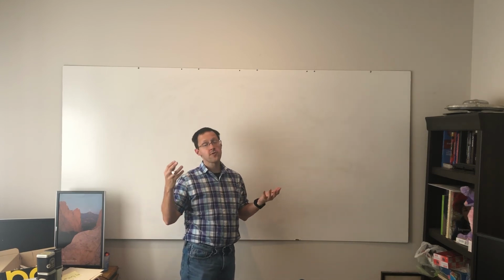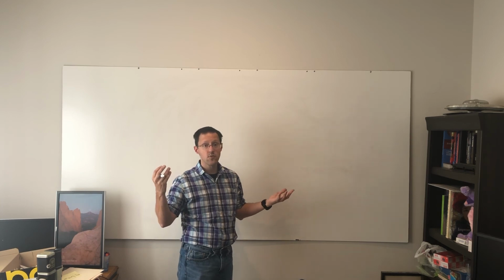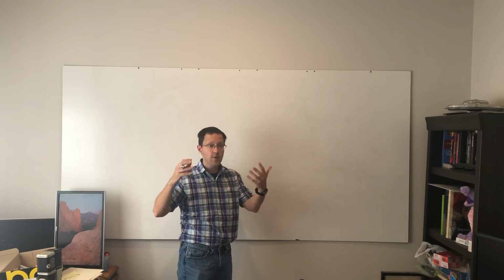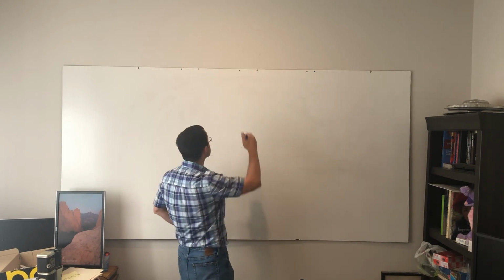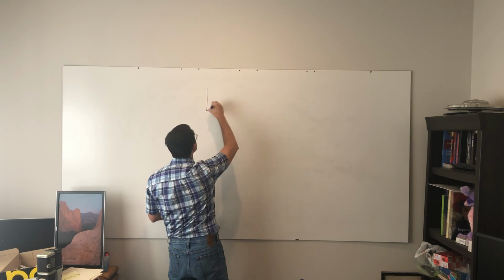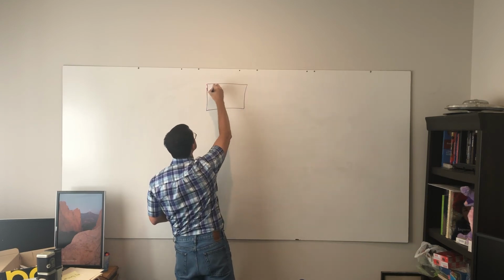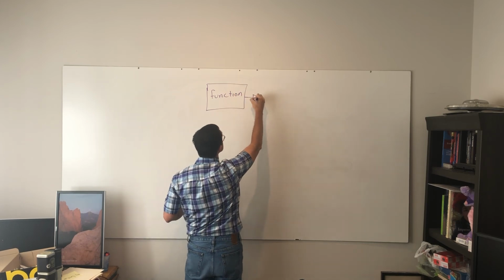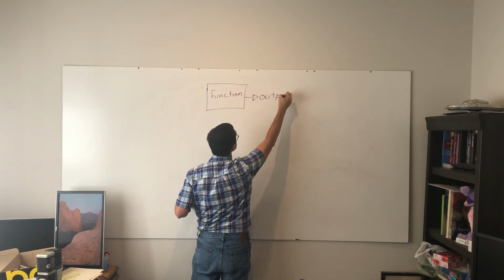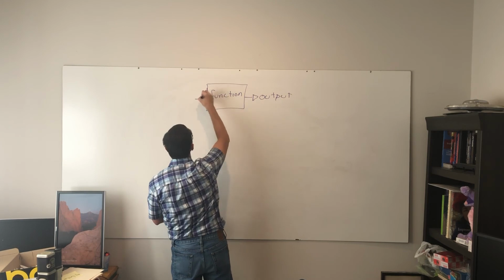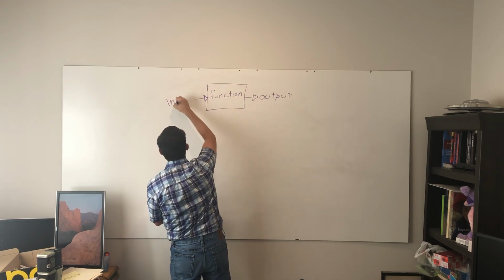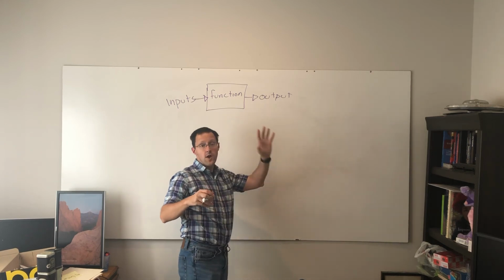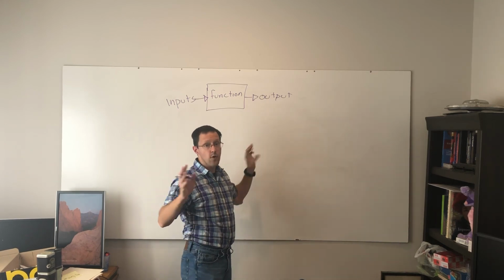Both the inputs and the outputs are optional in how functions work within Python. So moving on to Python, we have our inputs and our output. I'll leave that up here on the board.